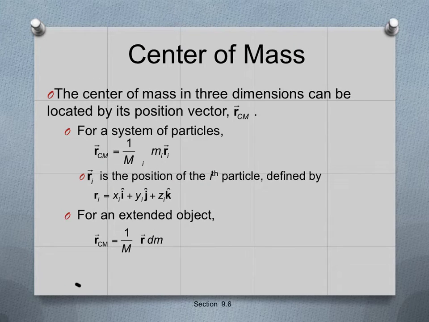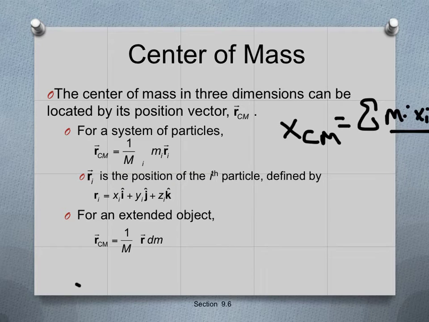So the center of mass in 3 dimensions can be located by its position vector, which we will denote as r, with the subscript cm to represent that it's the position vector for the center of mass. For a system of particles, we already saw this when we looked at the x, y, and z components. Remember, in the x direction it was the sum of the masses times their positions over the capital M, the total mass.